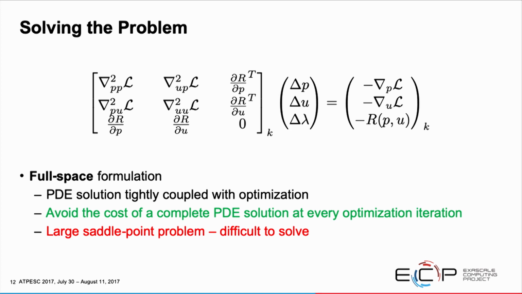It has the advantage that we're not doing full PDE solutions. It's all embedded in there. But this is one approach, and there's lots of people doing research in this sphere, but the tight coupling between the PDE solution and the optimization makes it difficult for people like us to write general use optimization libraries that you can plug and play your problem into.